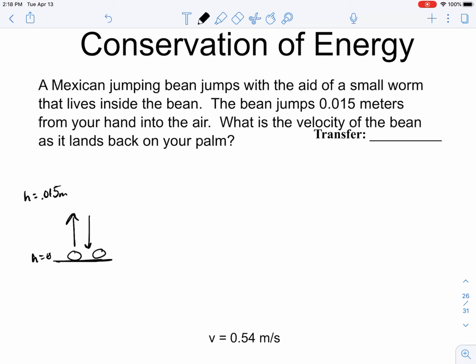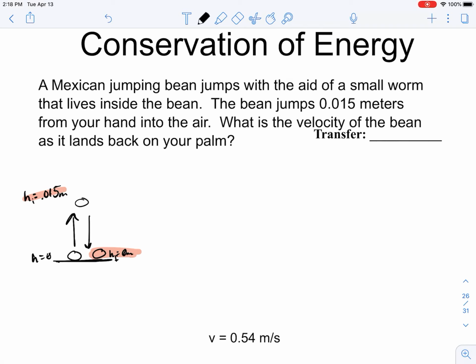So we're going to return to a height of 0 meters. So for this question, we're actually going to have our height of 0.015 meters serve as our initial position, and then our height of 0 meters when it returns to my hand as our final position.